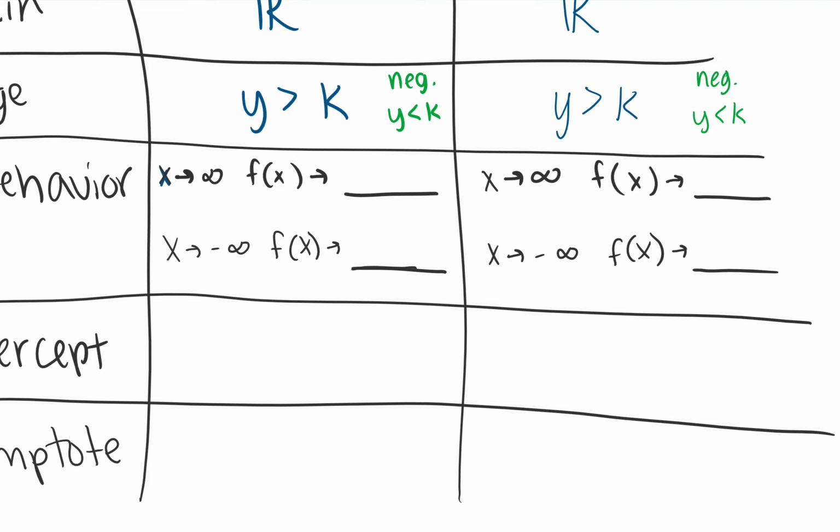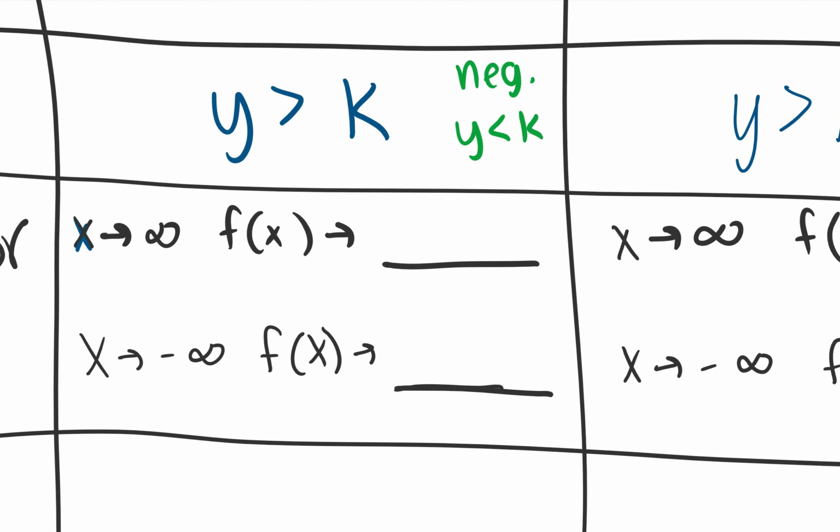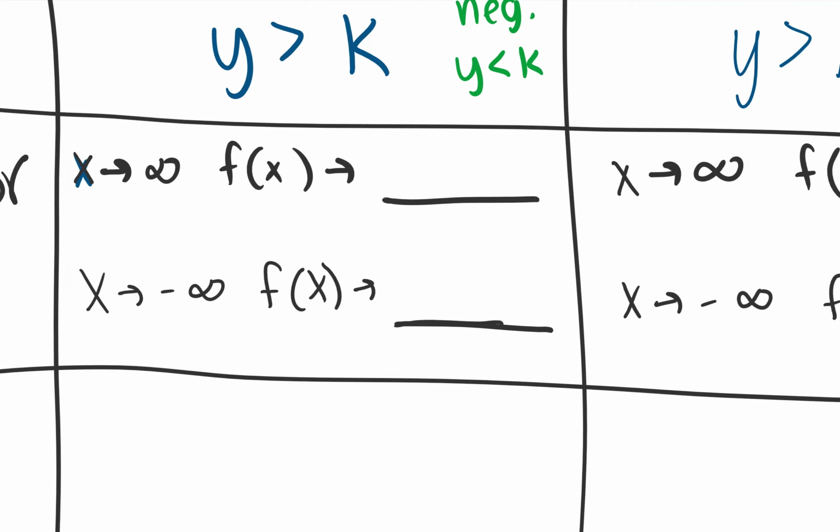So, for growth, now let's just think about this logically. If I'm growing, I'm positively growing, right? Positive growth, I should be going positive forever because you're always growing. So if I'm going positive forever, that would be positive infinity. And then the negative side, the negative infinity, if you think of where do you start the graph, well, the graph, remember, starts right above the x-axis. Or, in this case, it'll be k.